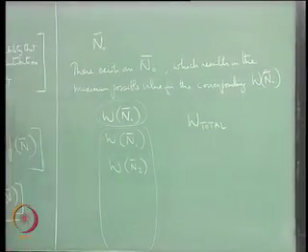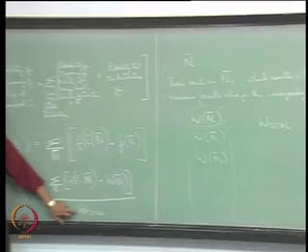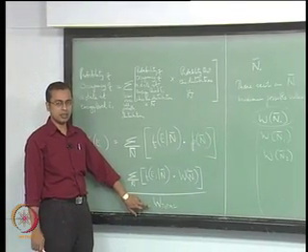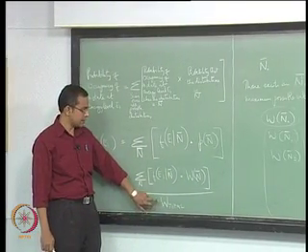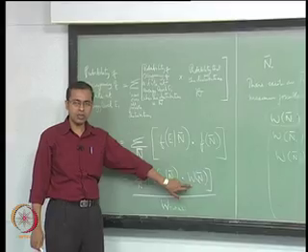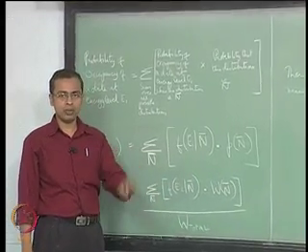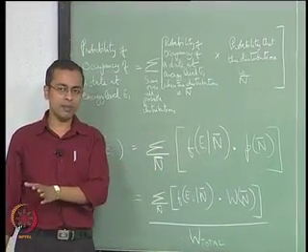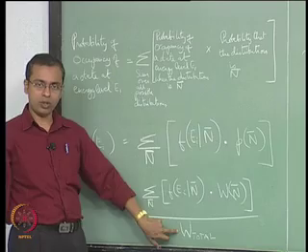So when you calculate W total, which is the term in the denominator, that is the sum of W n bar 0, W n bar 1, W n bar 2, W n bar 3, and so on. If you sum all of them you arrive at W total.